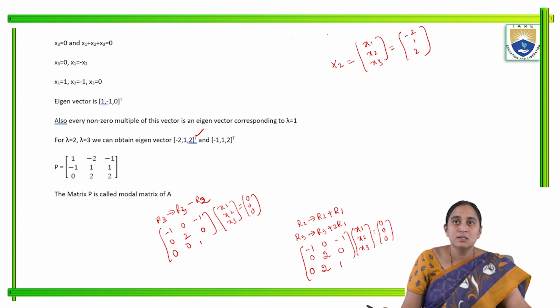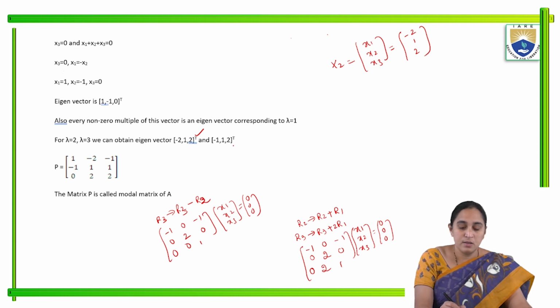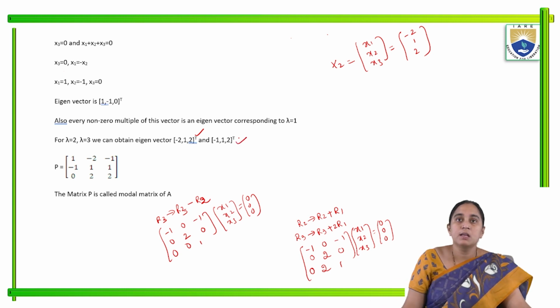Okay, this is the second eigenvector. Next similarly, if lambda is equal to 3, for that case we get the eigenvector as minus 1, 1 and 2.